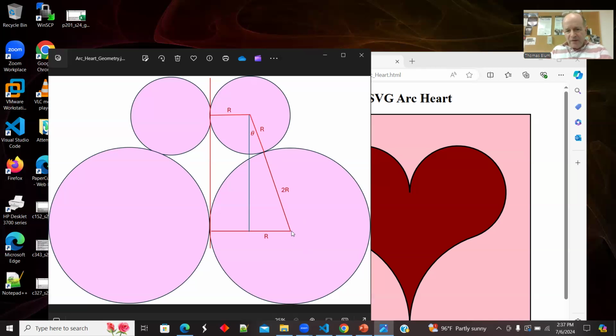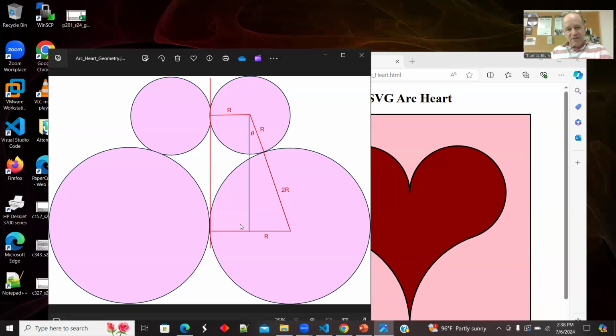Then in the larger circle, I drew from the center of that circle to the edge a radial, and that was 2r. If those two circles are touching, and they're both radial, then that should be a continuous line, I believe. So I have a line with a length of 3r, and I can create a right triangle out of this with that angle I'm interested in finding.